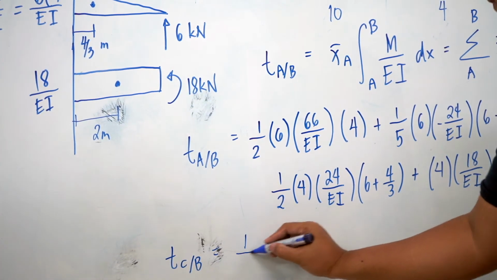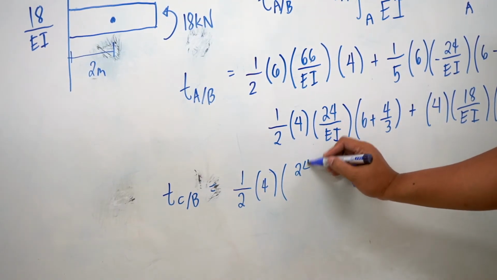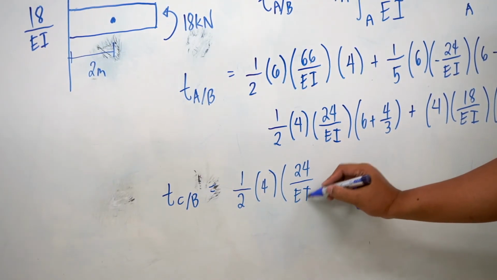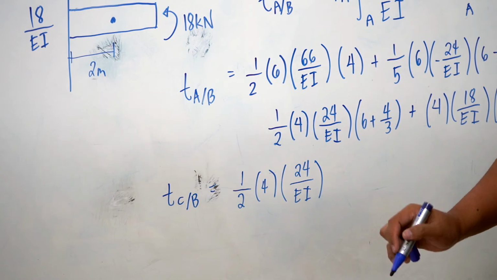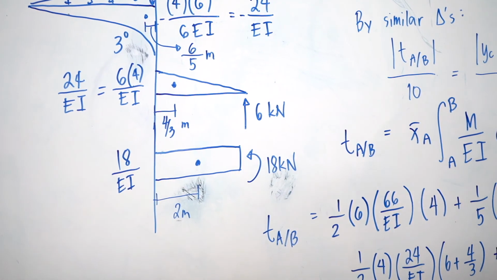That is 1/2 times 4 times 24 over EI, times its x bar measured from C, so that is 4/3.